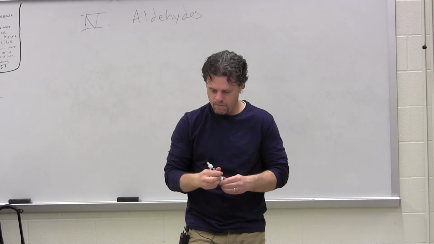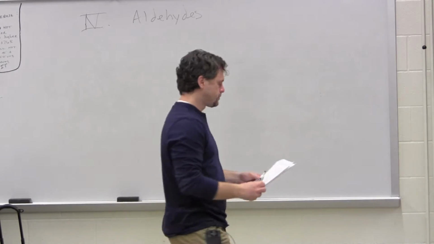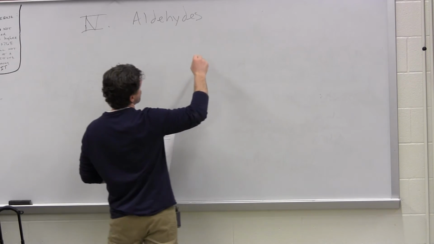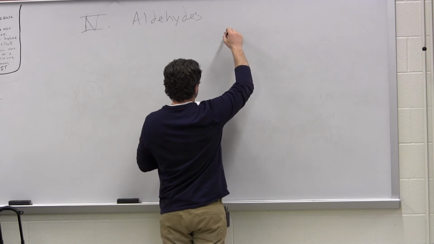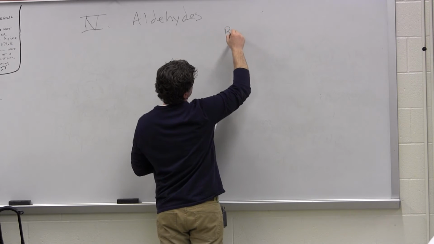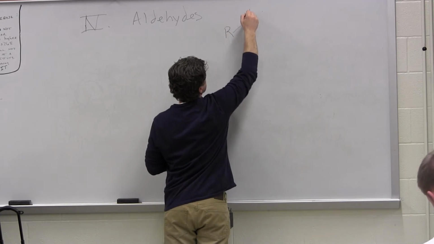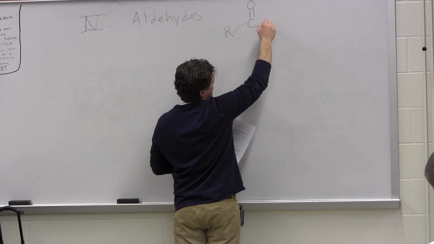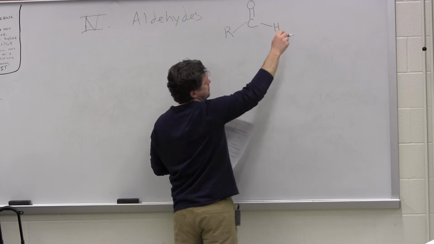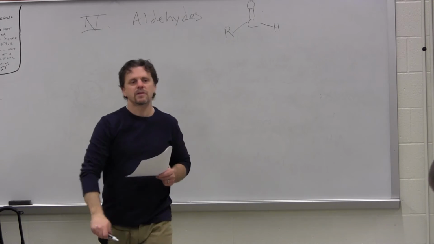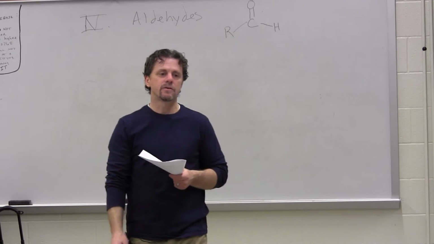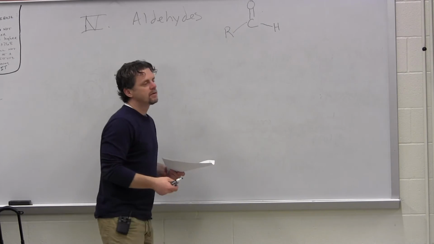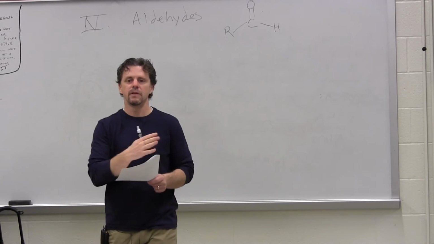And of course our functional group here is sort of like a ketone, where we have an R, we have the carbonyl, which is the C double bond O. But instead on the other side, we don't have another R group, we just have a hydrogen. So this would be a carbonyl on the terminus of the molecule, whereas a ketone has the carbonyl somewhere in the middle.